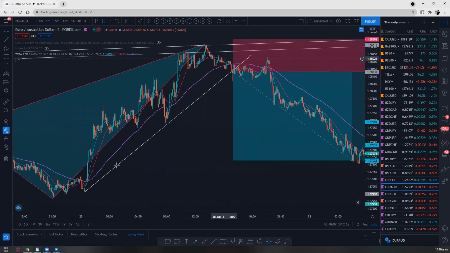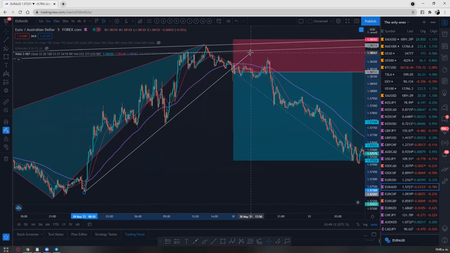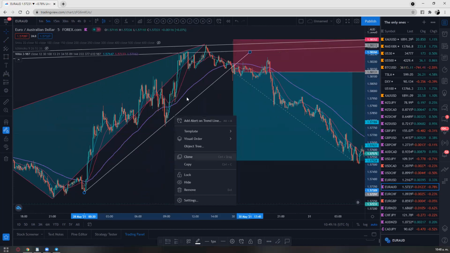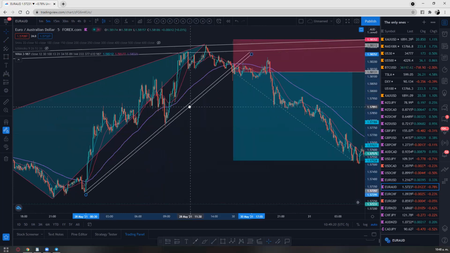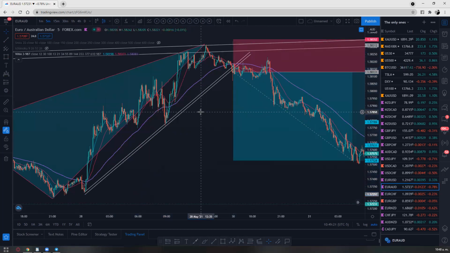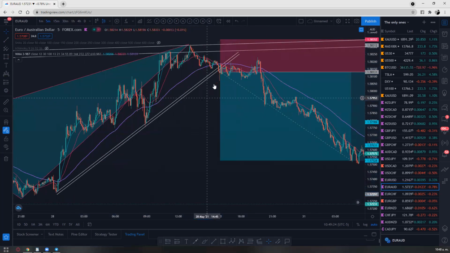I know that by just price action, let's say I go like this, I usually clone my line and put it like this, because it's an area that helps me prevent fake outs.